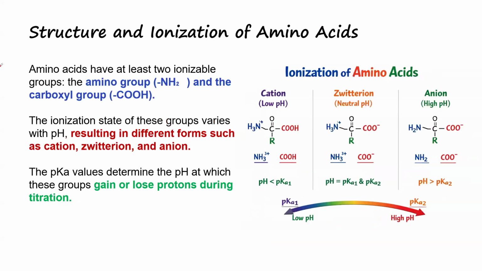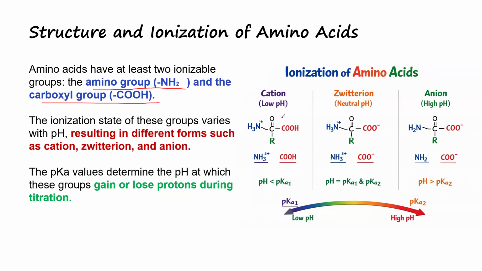And then very importantly, the structure and the ionization of amino acids. So amino acids have at least two ionizable groups. The two ionizable groups that are found in amino acids are the amino group and the carboxylic group. And the ionization state of these groups varies with pH, resulting in different forms such as cation, zwitterion, and anion.